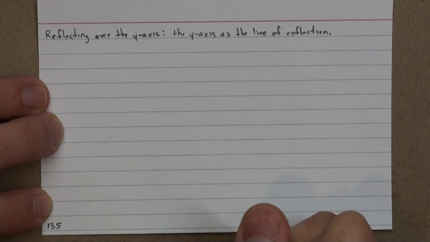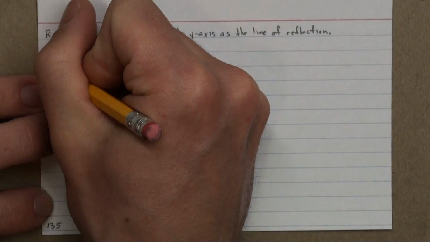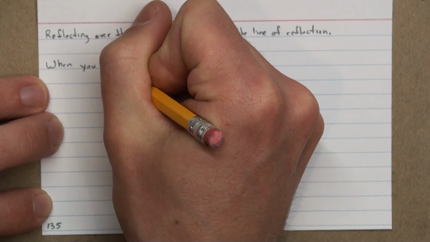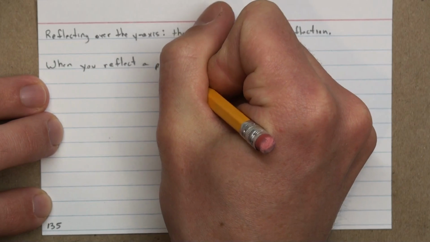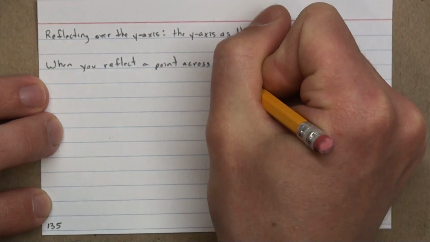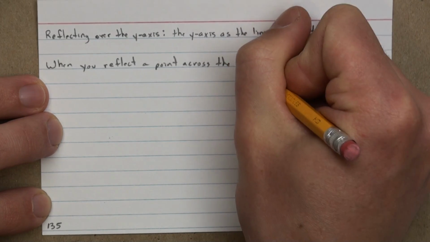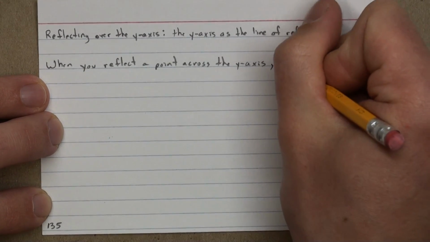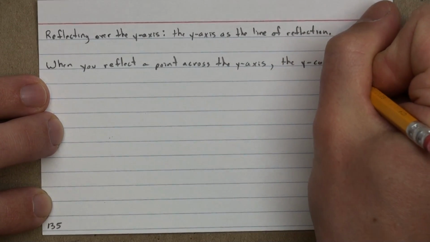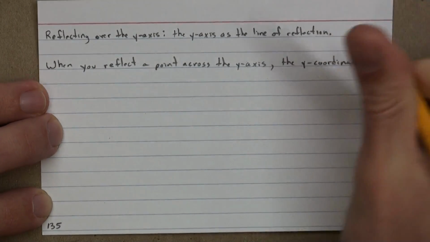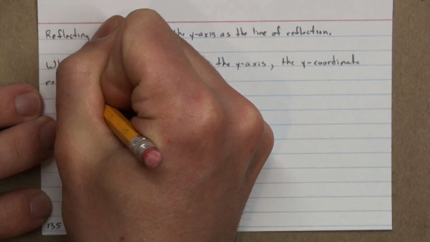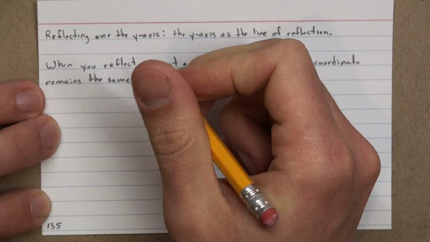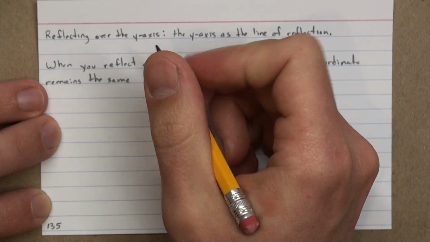All right. When you reflect a point across the y-axis, the y-coordinate remains the same. But the x-coordinate is transformed into its opposite.